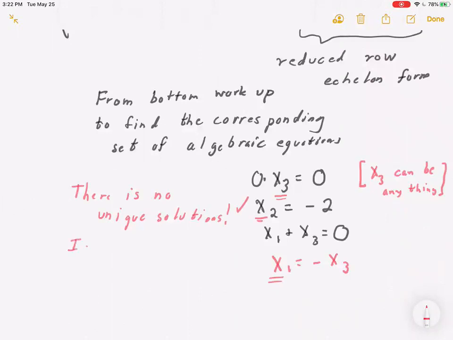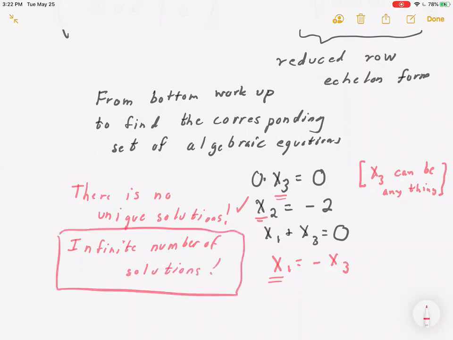In fact, there are an infinite number of solutions, because you have an infinite number of choices for x sub 3. So in a sense, this is a problem where there's not one set of numbers x1, x2, and x3. There are an infinite number of them.